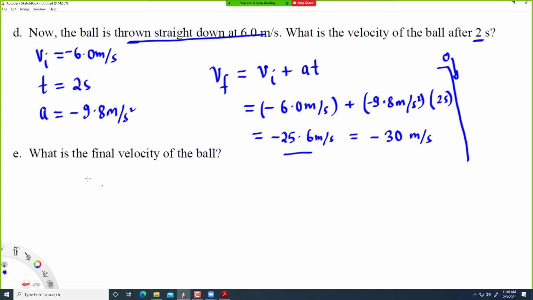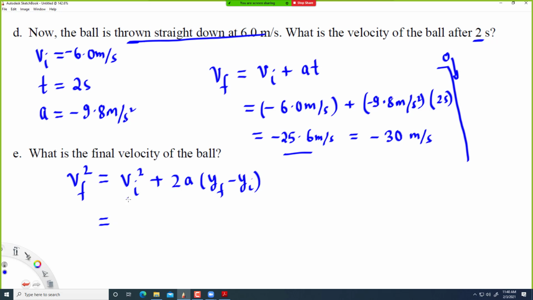So what's the final velocity of the ball? You need to use one of the formulas. We have two formulas for final velocity. Let's see which one would be relevant here. We can just use this one: 2a delta y, y final minus y initial.